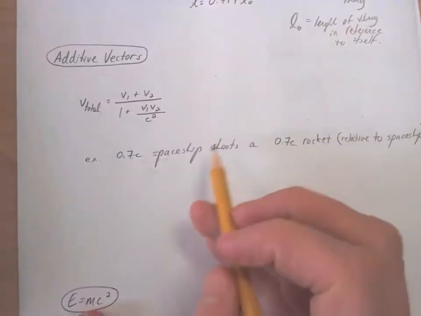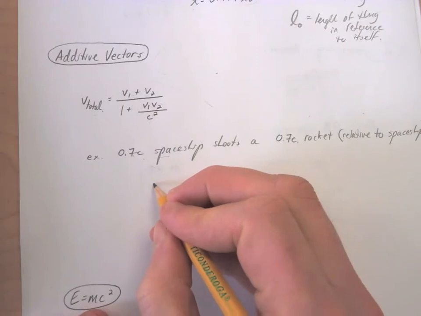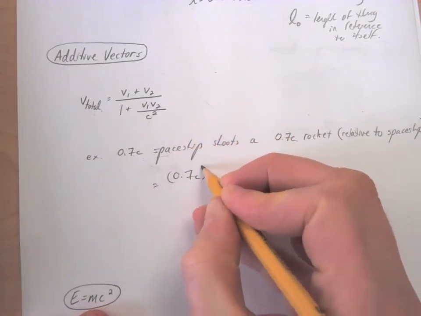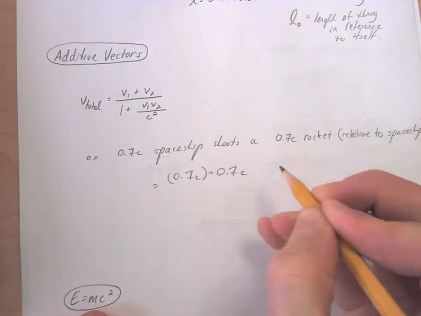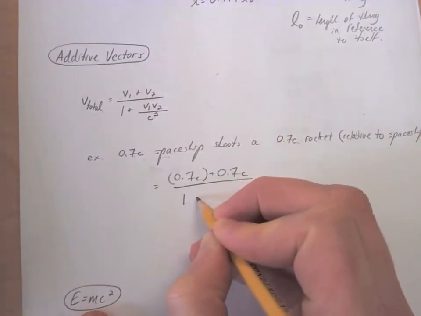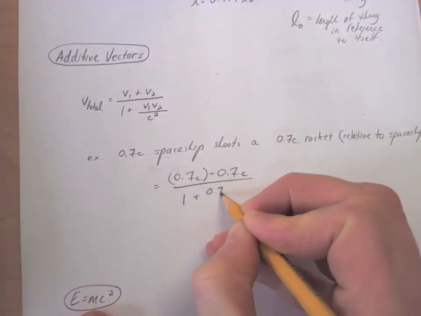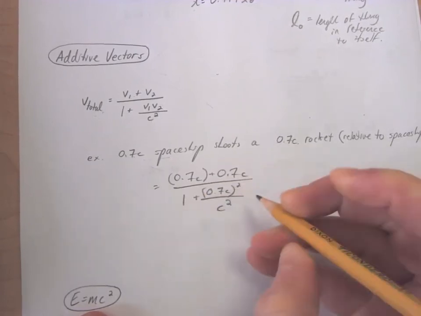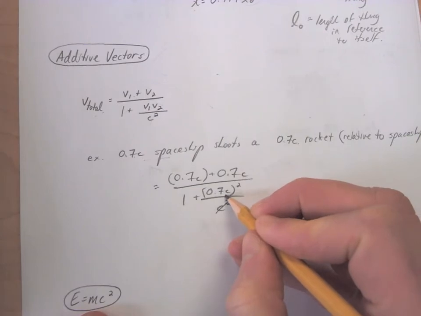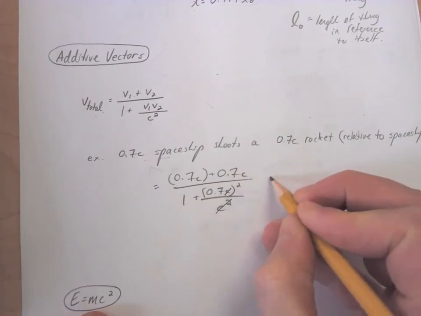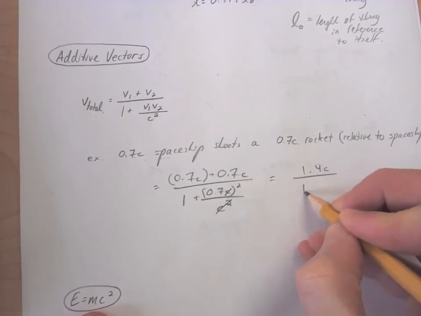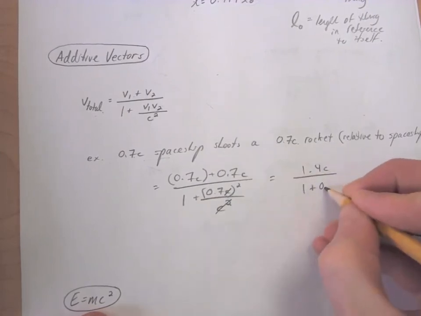So an example here, 0.7c and 0.7c, you just add them together via the equation. It'll be 0.7c plus 0.7c over 1 plus 0.7c squared over c squared. You can bet the c squareds are going to cancel out, and we end up with 1.4c over 1 plus 0.7 squared.